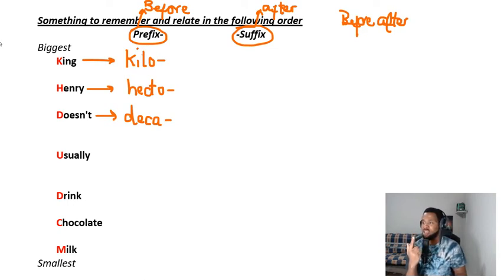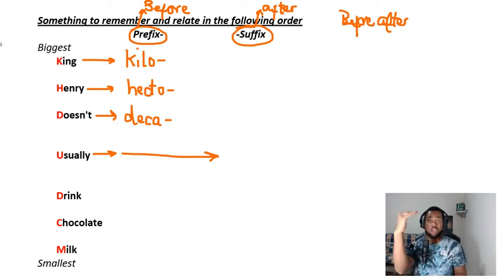And those are the prefixes that are bigger than the one which is U. And U here, which is from usually, is represented as unit. But the unit is not a prefix, because that is where we are starting from. That is the baseline. So anything going up is bigger than the base unit.